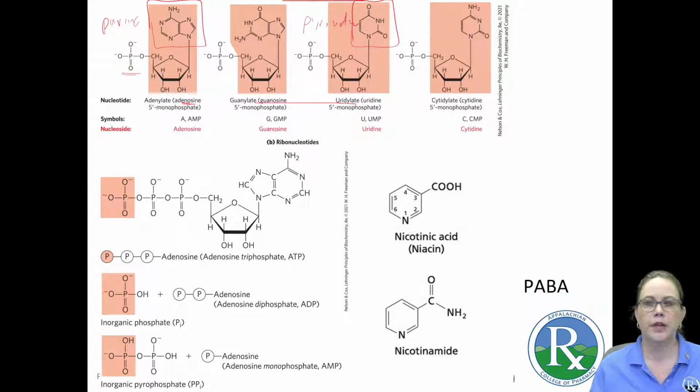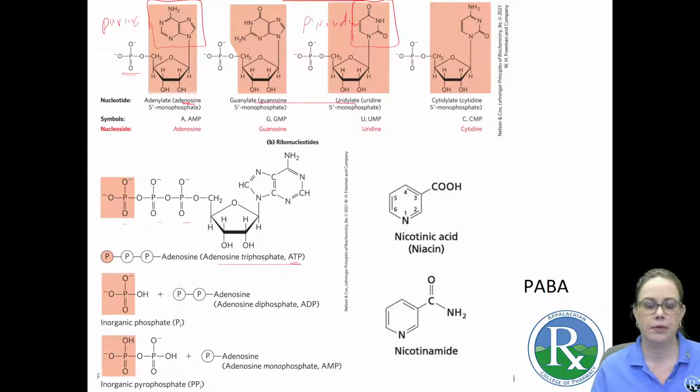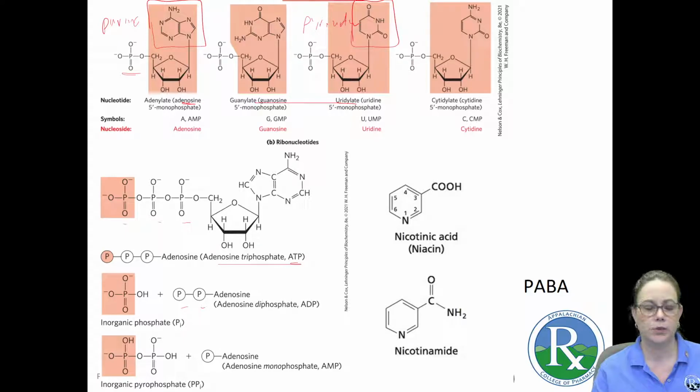And we'll look at different substitutions on specifically the adenosine. So adenosine, we'll first look at adenosine triphosphate or ATP. As the name implies, it's got 3 phosphate groups coming off of that ribose sugar. Our adenosine diphosphate just has 2 of the phosphate groups bound to the ribose sugar.